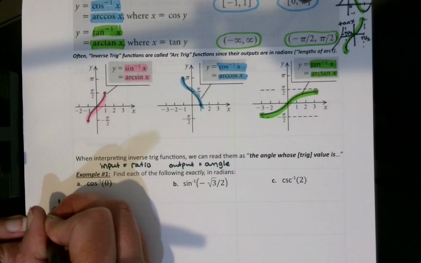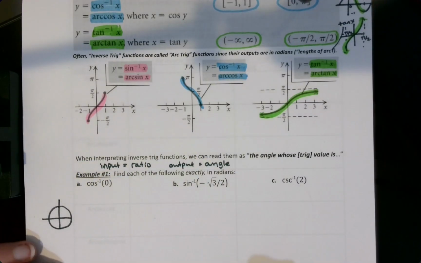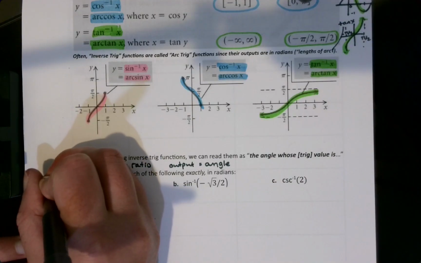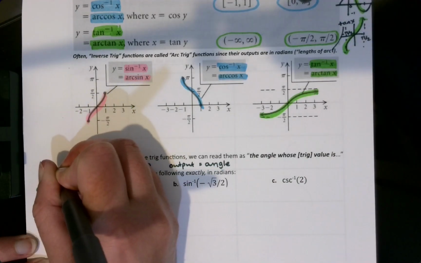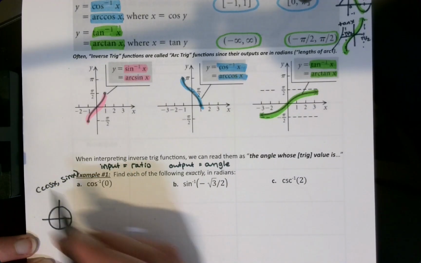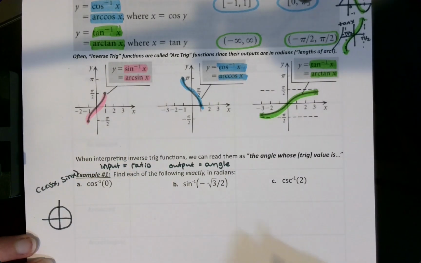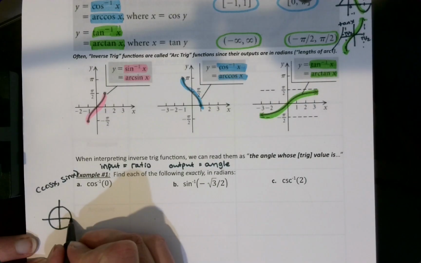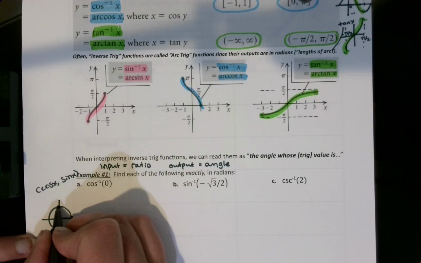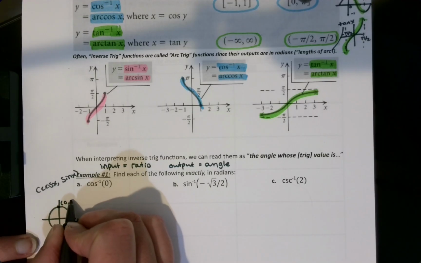So for the cosine function, again, I'm thinking about the unit circle right here. We remember on the unit circle, we're of the form cosine x comma sine x. So I need the x coordinate, the cosine function, to be equal to 0. So this is 1, 0. That's the cosine is 1. This is 0, 1.